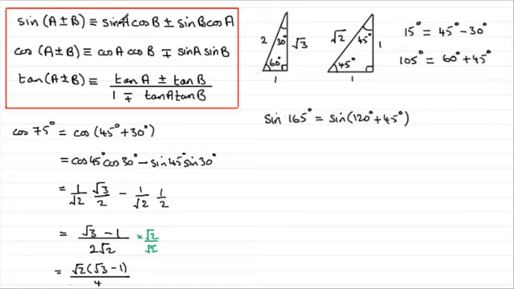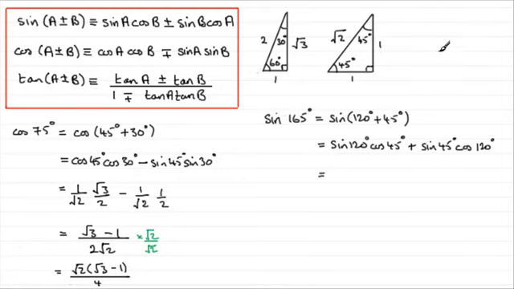Sine of A plus B is sine A cos B plus sine B cos A. So this is going to be the sine of 120 degrees, sine A, times cos B, cosine of 45 degrees. Then we have plus sine B cos A, sine of 45 degrees, and then cosine of 120 degrees.